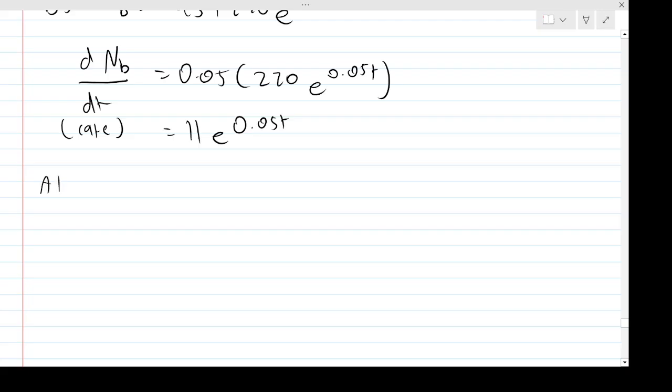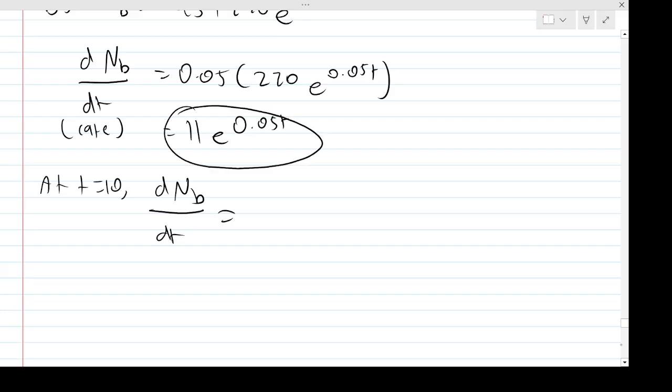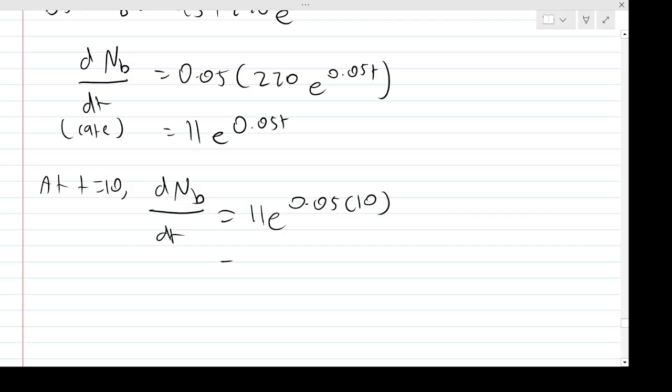So at t is 10, the derivative dNB over dt, I'm going to plug t in here. So it's going to be 11e to the 0.05 of 10. And if I work that out, that would be 18.1, to 1 decimal place.